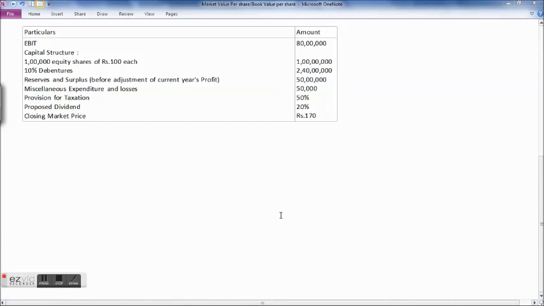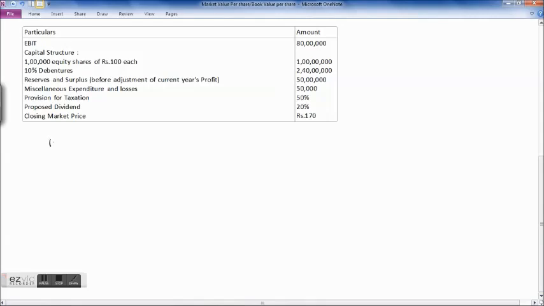Now we have to find out this ratio, market value per share upon book value per share. Before calculating book value per share, we'll find out how much is the current year's profit to be transferred to reserves and surplus.